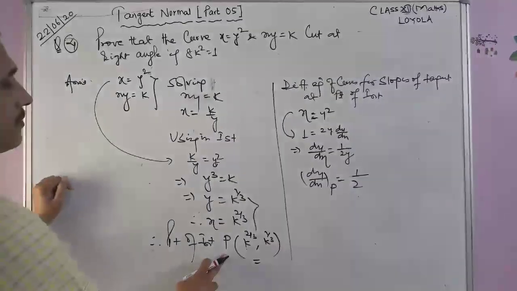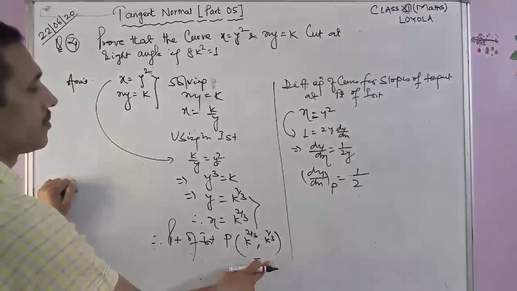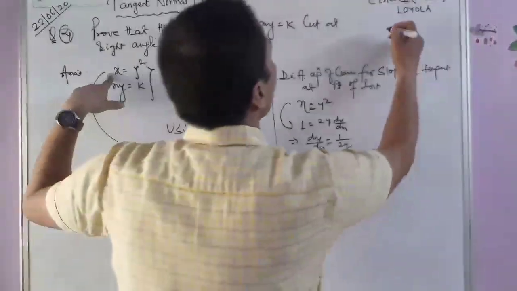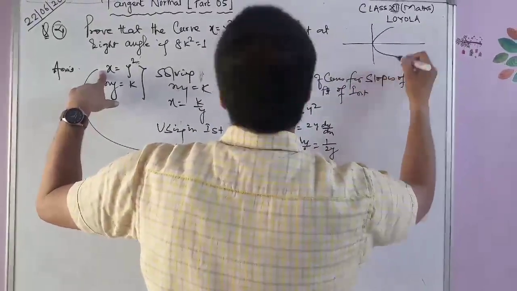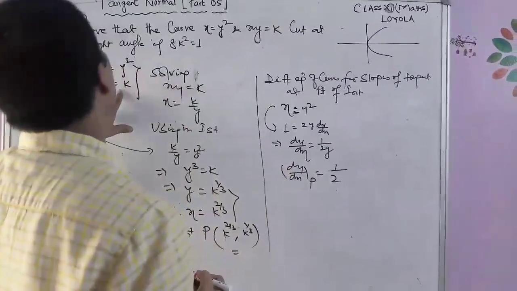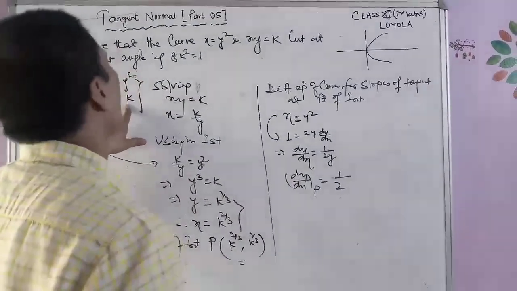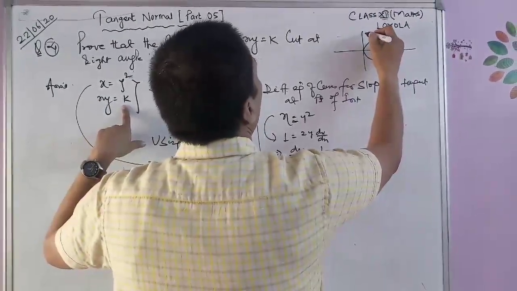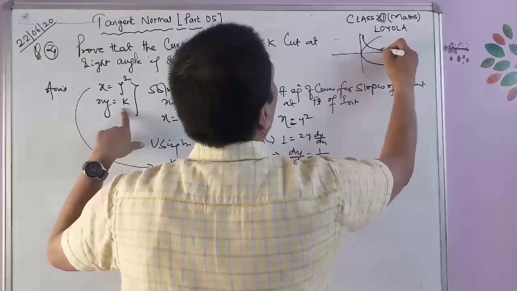Here y coordinate of point P, since point P, here curve is y square equal to x, and second curve is xy equal to k, y equal to k upon x, that is rectangular hyperbola, for some value of k.